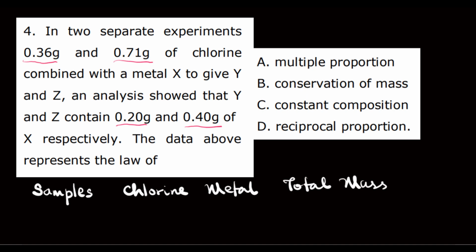So for sample Y and sample what? Z. What's the mass of chlorine for sample Y? 0.36 and 0.71. Okay. For sample Y, X is 0.20 and Z is 0.40, all in grams.